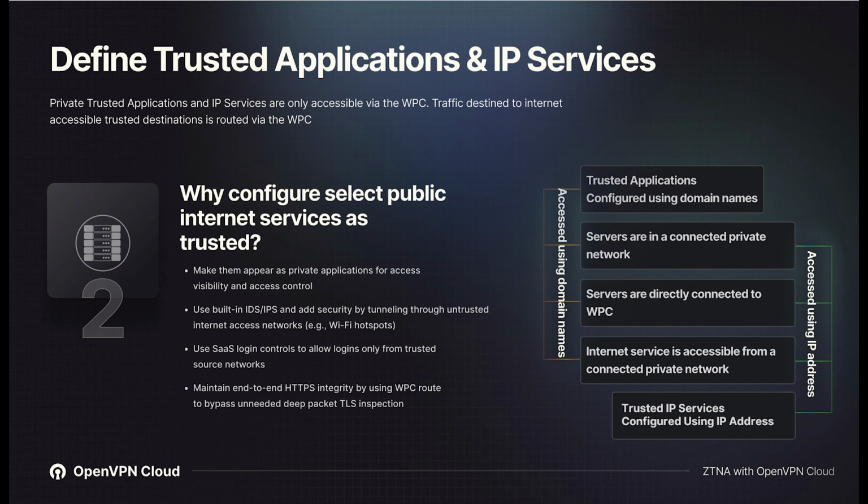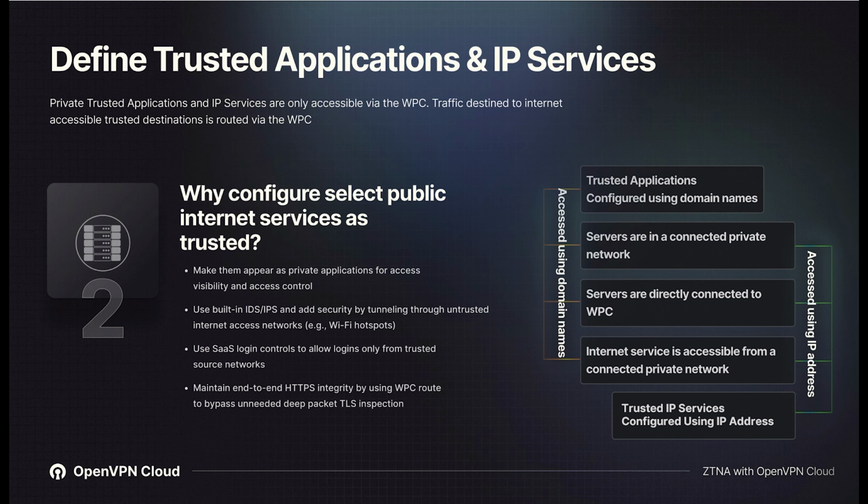You can also use IP addresses instead of the domain name. Obviously, that's not something that we encourage, because we think that everything should be accessible by domain name. But if you need to create access to certain resources by IP address, then you have options with OpenVPN Cloud to create routes, which we call IP services, which like applications, you configure ports and protocols for as well.